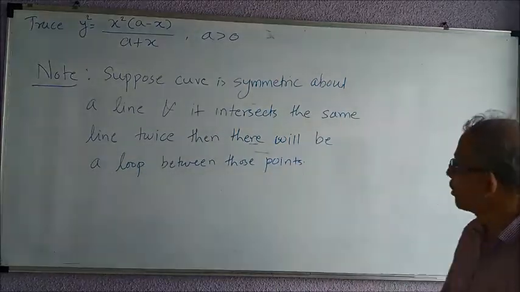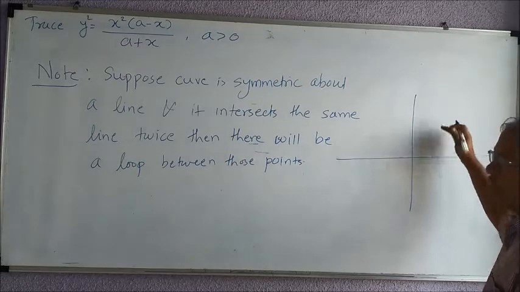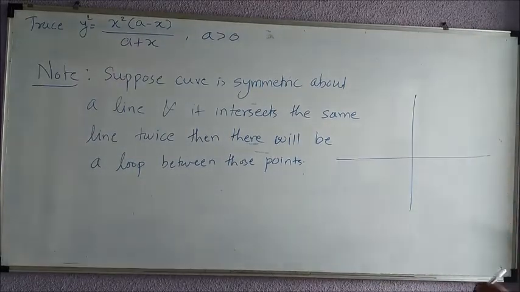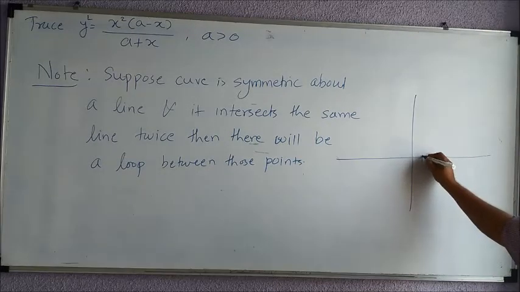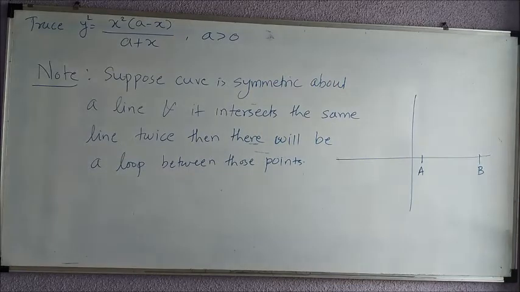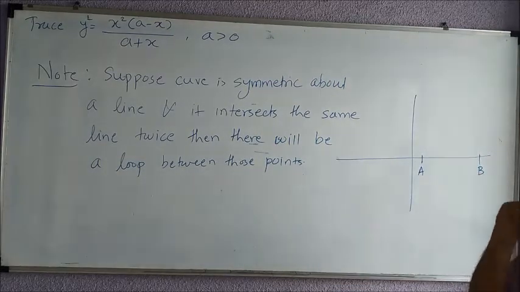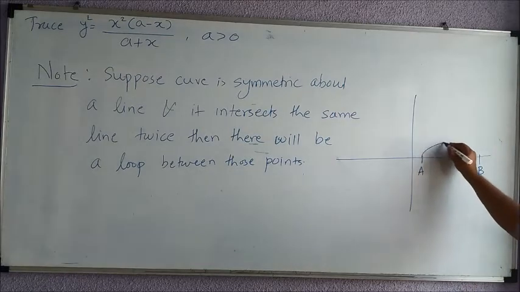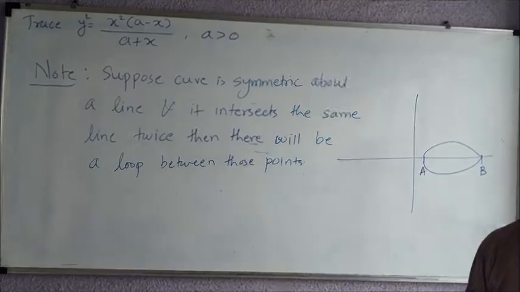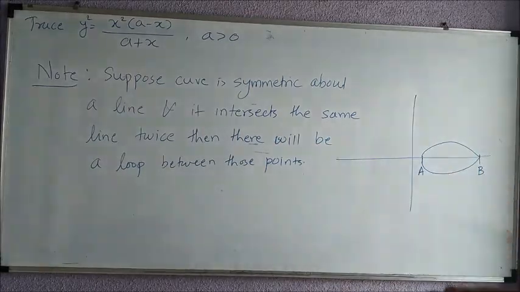Okay. Now, for example, the loop can be like this. Suppose a curve is symmetric to x-axis, and it intersects x-axis at this point, say A, and at this point, say B. Definitely within these 2 points, the nature of the curve is like this. So this is a kind of a loop, right?